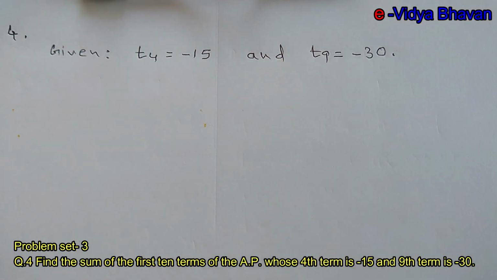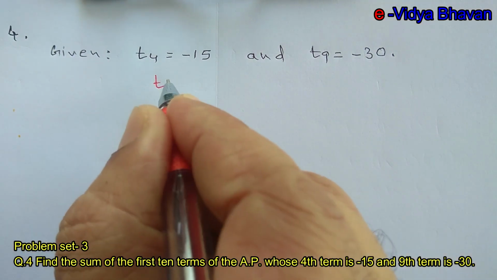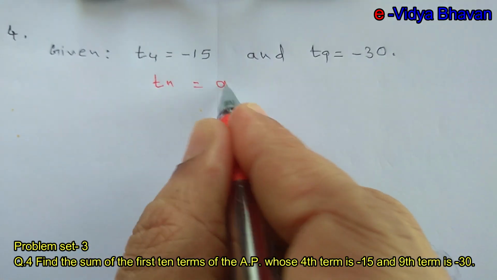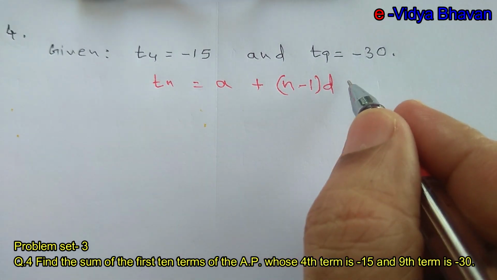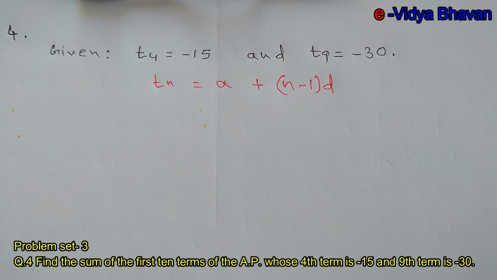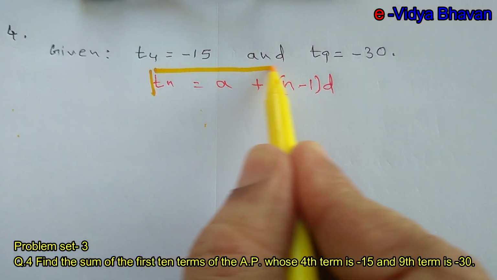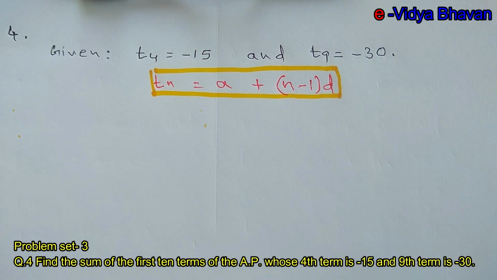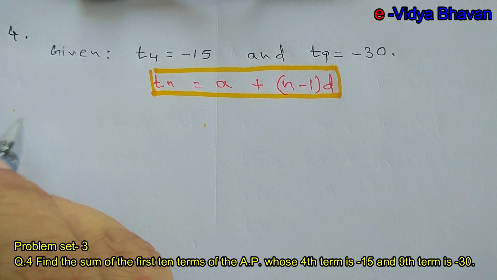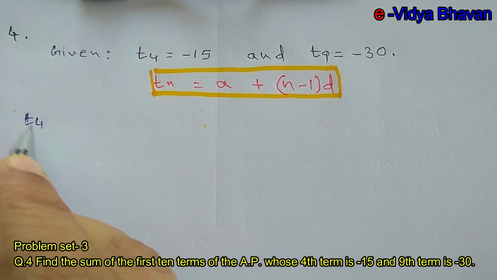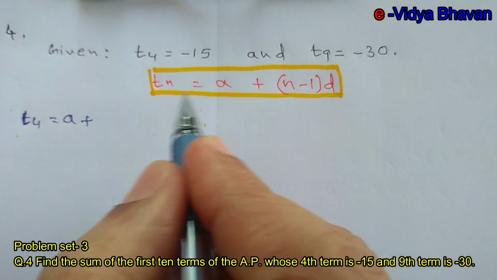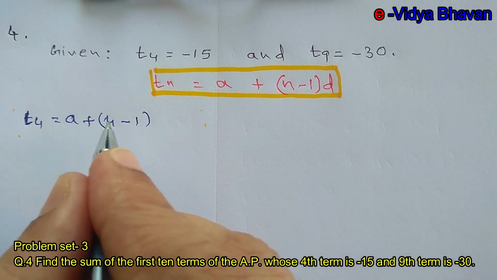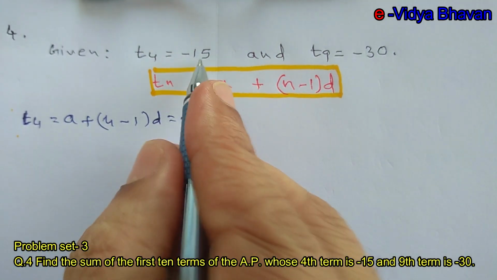We have formula for nth term. Tn equal to a plus n minus 1 d. Now, let us substitute the value T4. T4 is equal to a plus 4 minus 1 d, and this is equal to minus 15.